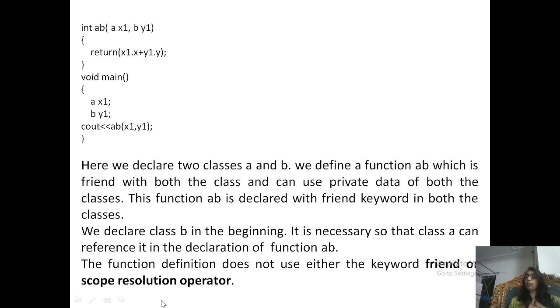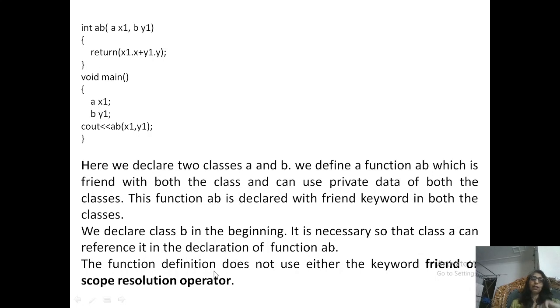The function definition does not use either the keyword friend or the scope resolution operator. Now this is clear to you, because whenever we want to define a member function outside the class, we need to use the scope resolution operator.